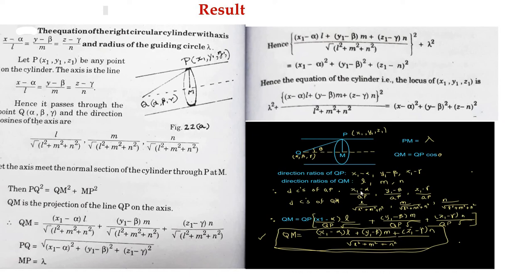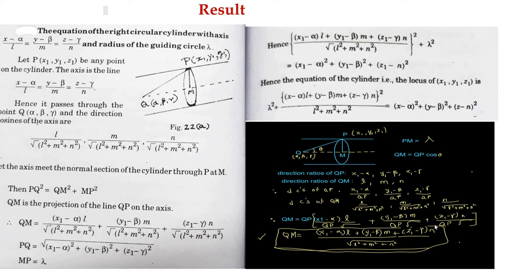That is x1 minus alpha by QP into L by root of L square plus M square plus N square, and in the same way you consider the product of the other two pairs and add them. Now QM is QP into the whole lot.